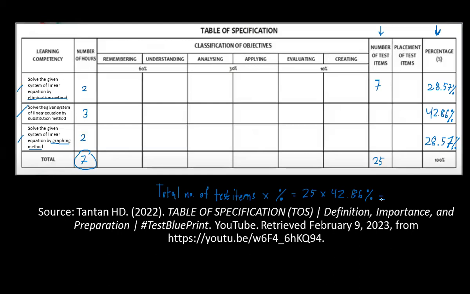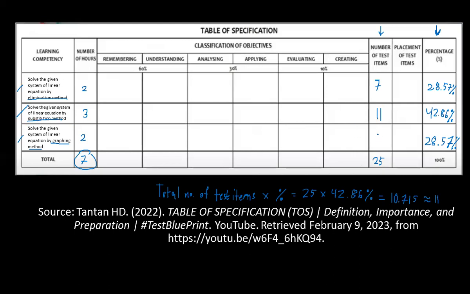So, gamit ako ng calculator. So, in here, we have exactly 10.715. So, again, naka-decimal to. So, we need to round it off into a whole number. So, ito ay magiging 11. So, we have 11 number of test items para sa second learning competency mo, which is yung substitution.